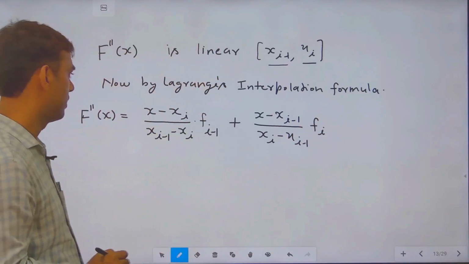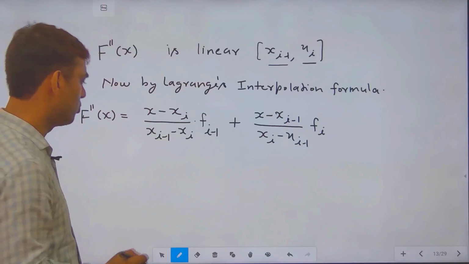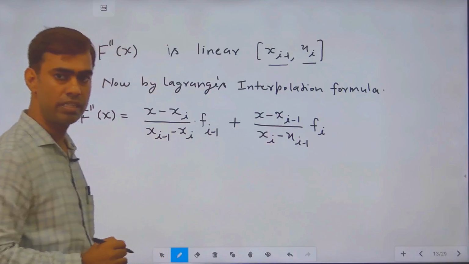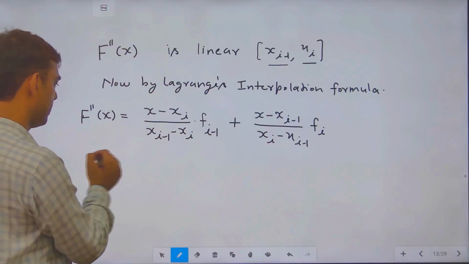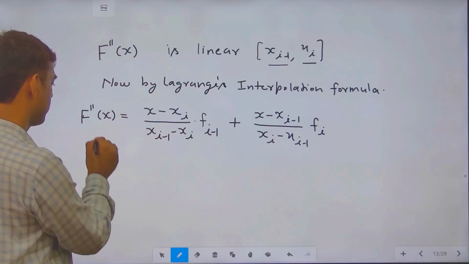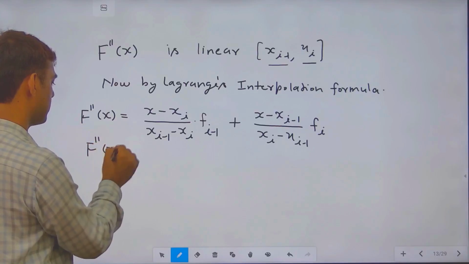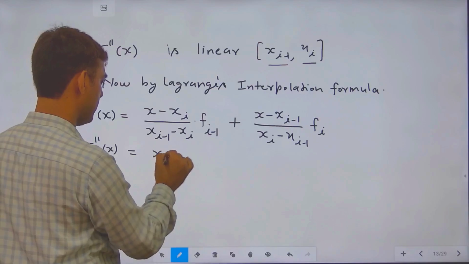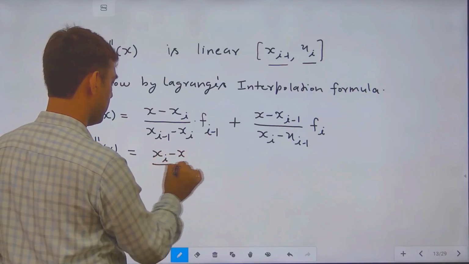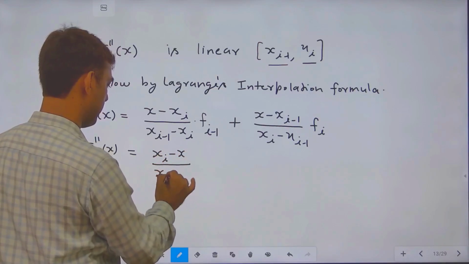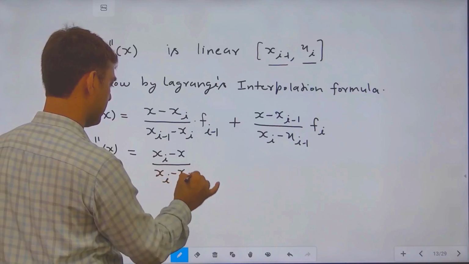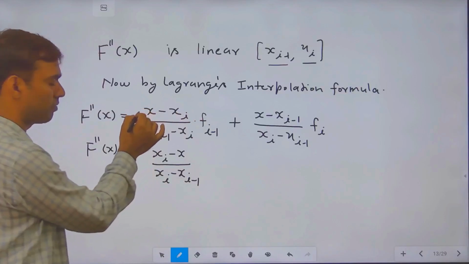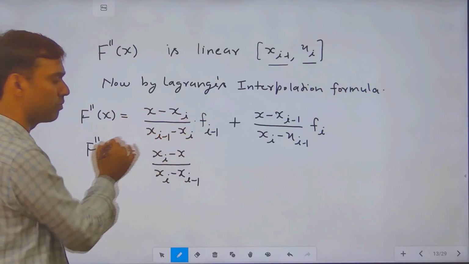So, to make the denominator similar in both terms, here we write f''(x) equal to (x_i minus x) divided by (x_i minus x_{i-1}), taking minus 1 from the numerator and minus 1 from the denominator.